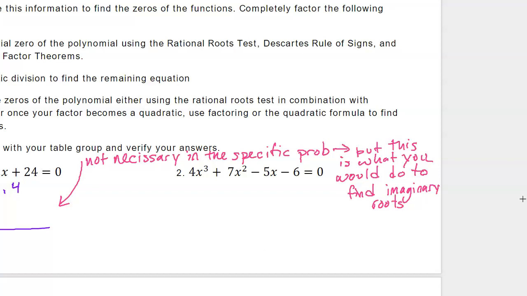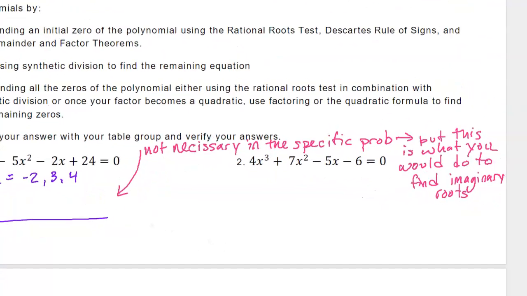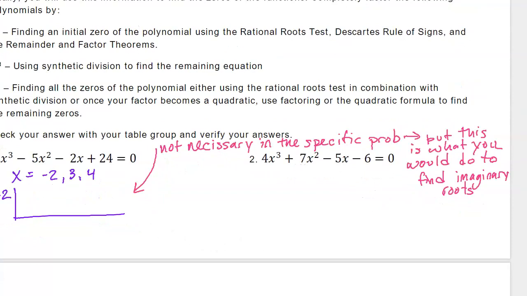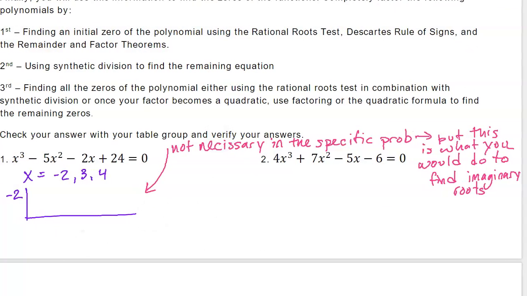Okay. I'm sure some of you are like, okay, see where she's going with this. So let's go ahead and do synthetic. I'm going to write down my coefficients. I have a 1 on the x cubed, -5, -2, and 24. Bring down the 1. -2 times 1 is -2.